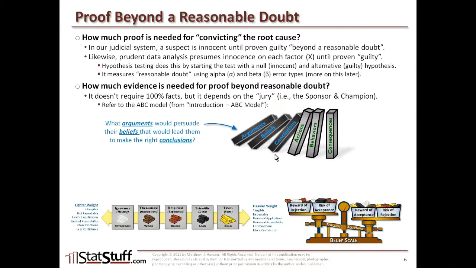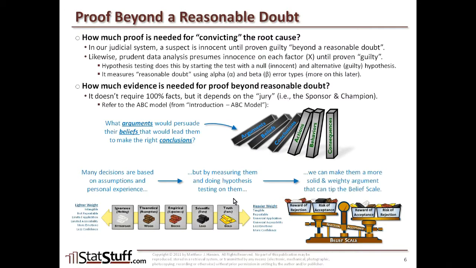Again, when we go back to the ABC model, where we talked about the belief scale and the different types of arguments and the different weights of these arguments that we would add to our belief scale, it's basically looking at the decisions that those sponsors or champions might make. Typically they might be making them on assumptions or personal experience, things that are much lighter weight, and we want to try to shift the weight to be something much heavier by adding more data and analysis and using hypothesis testing, which helps make the approach more scientific.